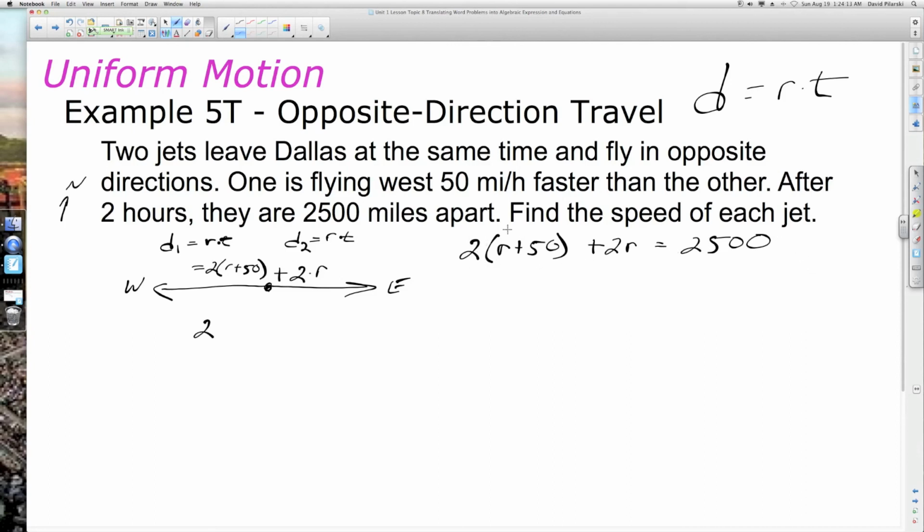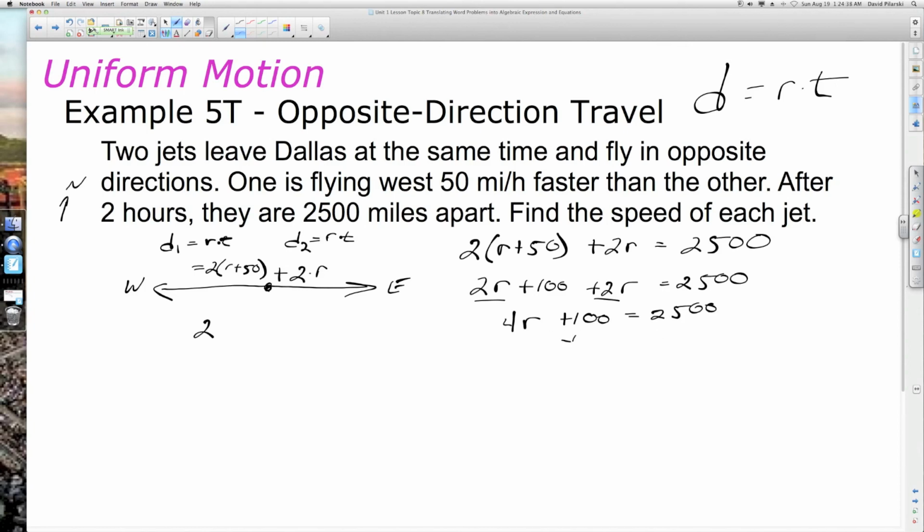So we solve this equation by distributing. 2 times r is 2r, 2 times 50 is 100. Bring down the plus 2r and equals 2,500. On the left-hand side, I have to combine these like terms. I have to add them together. 2r plus 2r is 4r, and that'd be plus 100 is equal to 2,500.